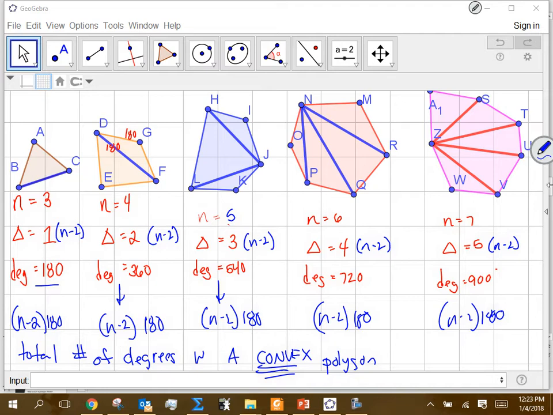And maybe you even want to make note that we're talking interior degrees. Degrees on the inside of the figure. N minus 2 times 180 becomes a very useful formula for some of the problems that we do.